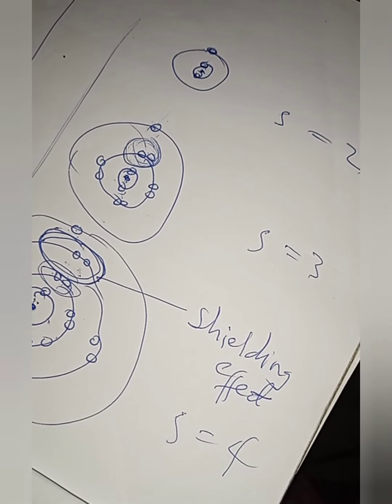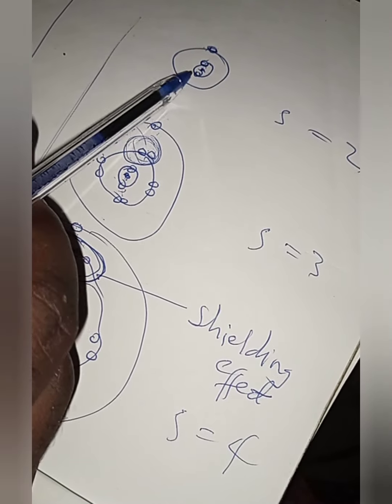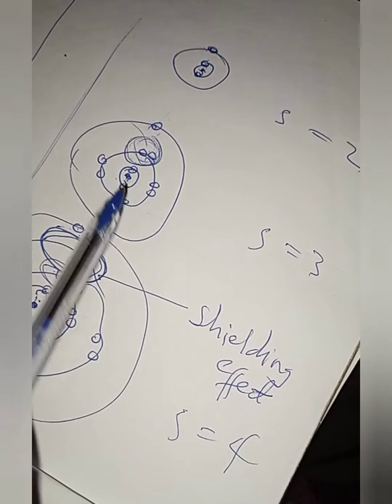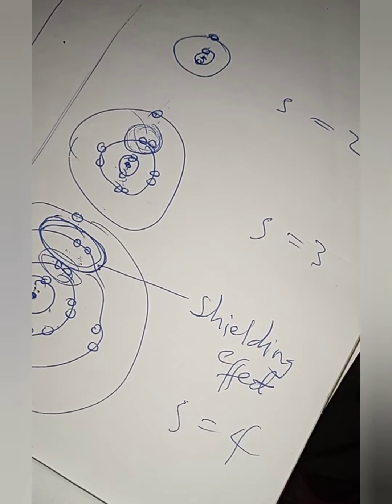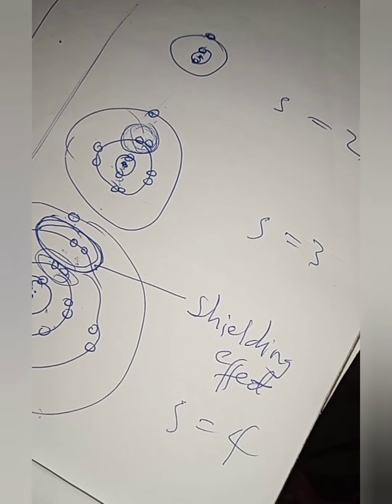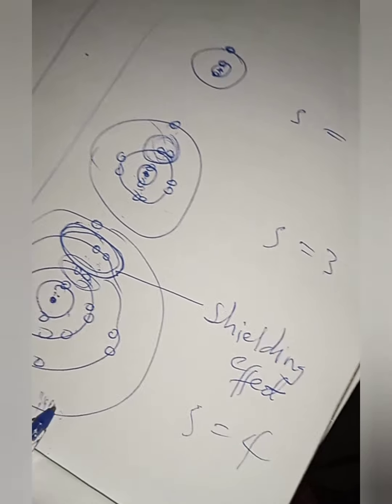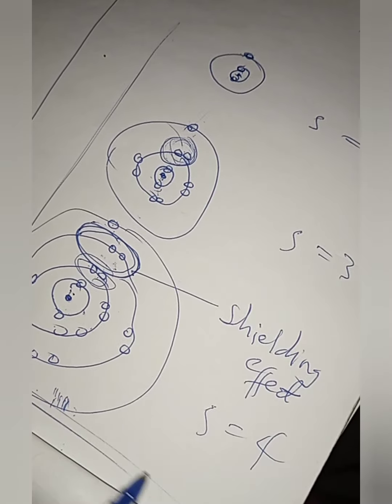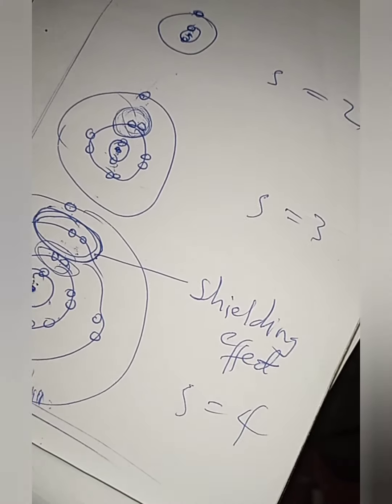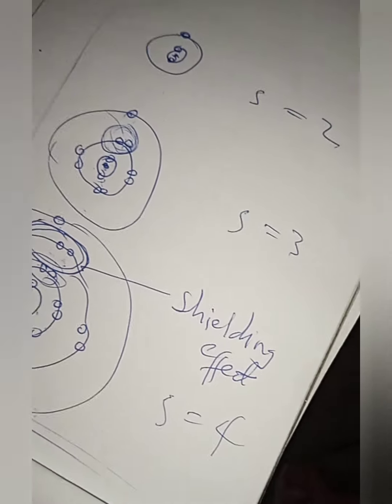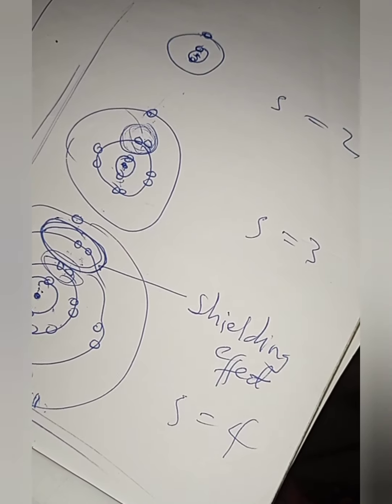When I draw two shells here, three shells here, and four shells here, which one will be bigger? Just by normal understanding, you can see this one will be bigger. Are you getting me? So equally, this is bigger than this. So when we are going down the group, the atomic size increases.